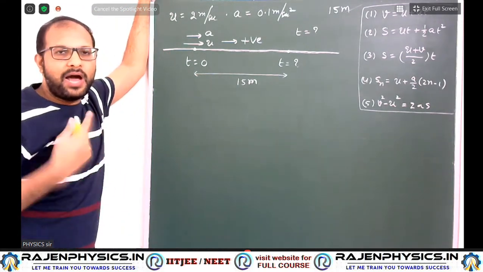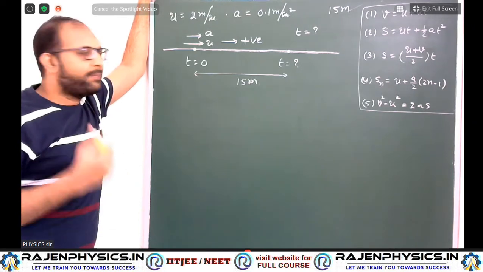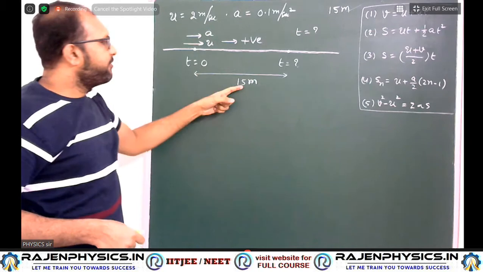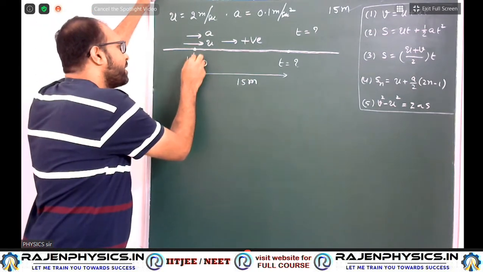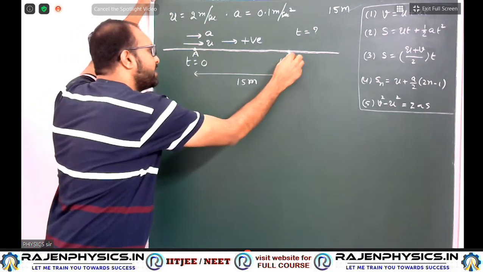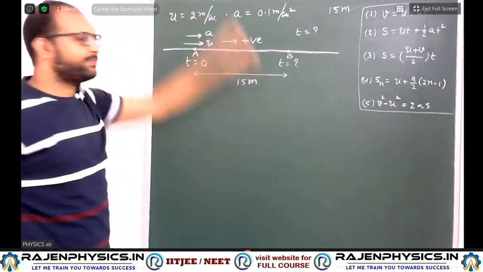After how long, that means the time we need, will our particle be 15 meters from the original point? This point I am taking as A. This point is B. B is at 15 meters from A.